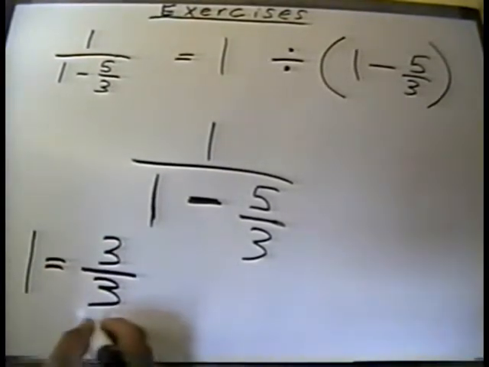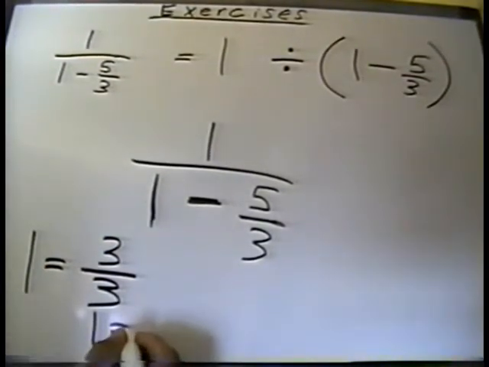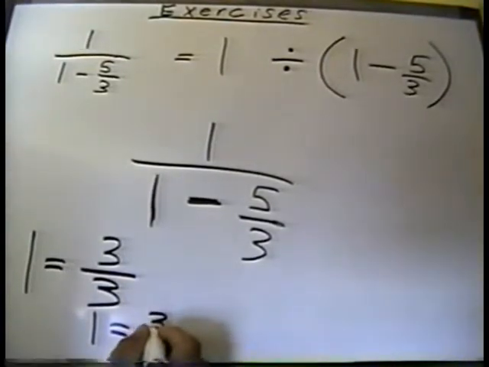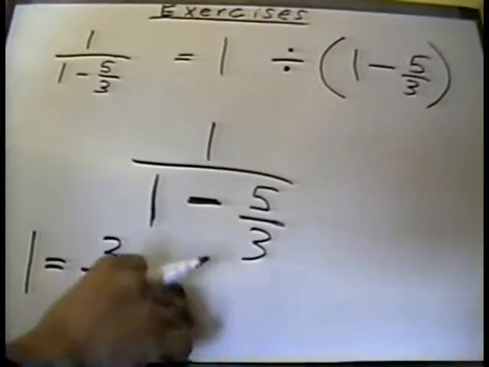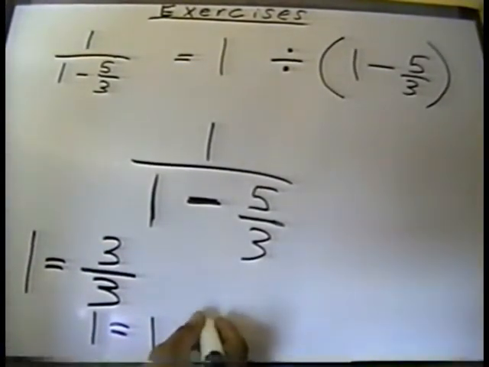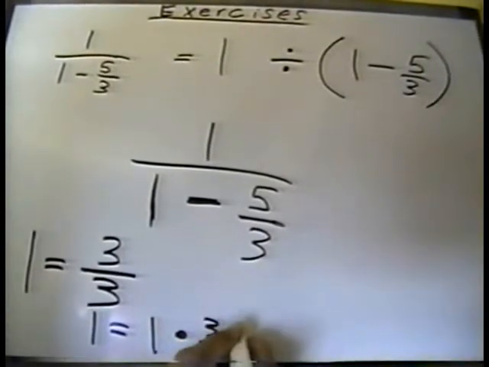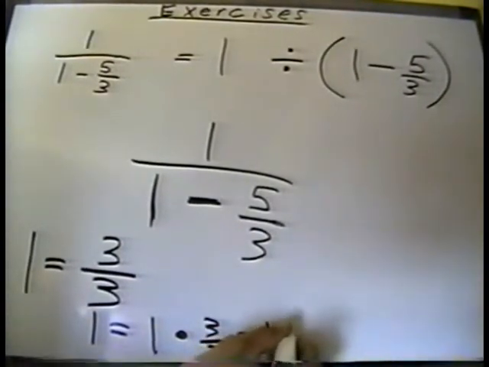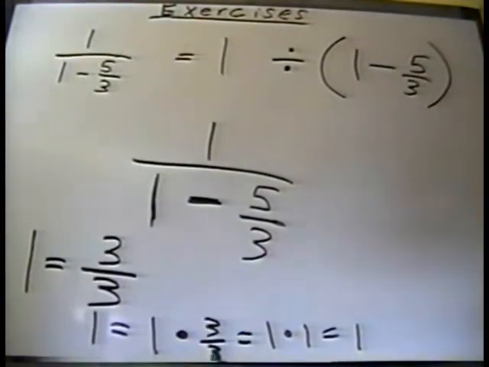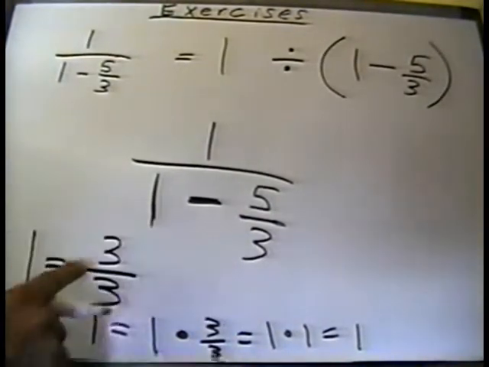Okay, so in order to get that, you have to multiply 1 by 3. So we have to multiply 1 by 3 over 3. Because that equals 1 times 1.